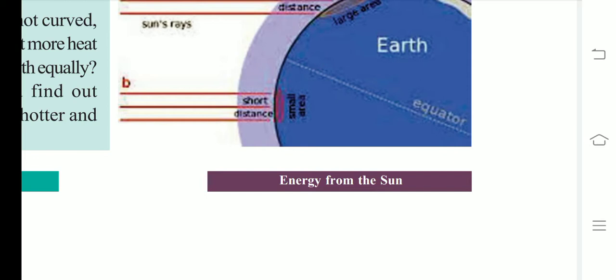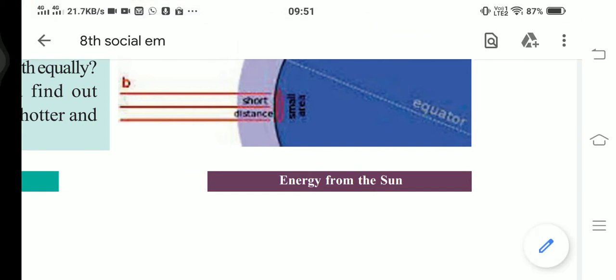Then where does the angle of incidence increase? The angle of incidence increases moving from the equator to the south pole in the months of April, May, and June. Understand?